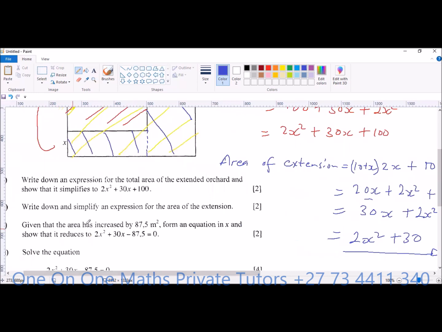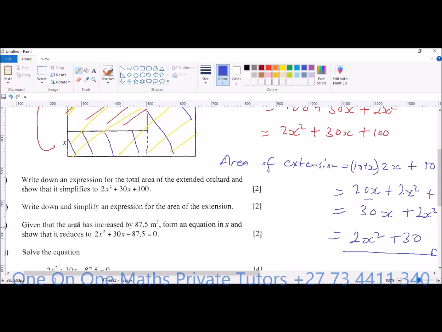Next, given that the area is increased by 87.5 square meters, form an equation in x and show that it reduces to 2x squared plus 30x minus 87.5.